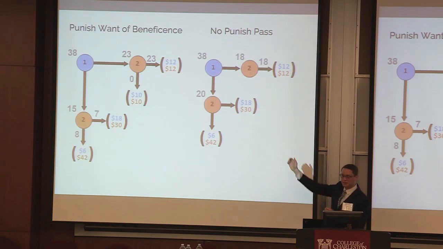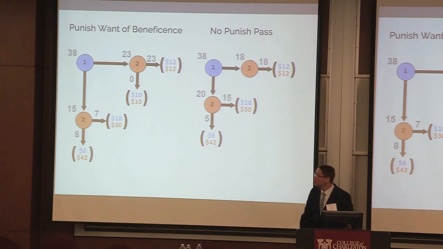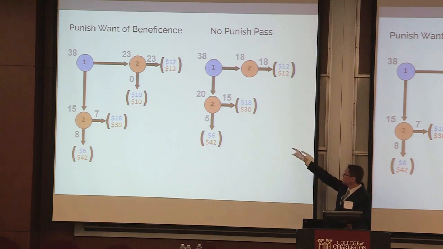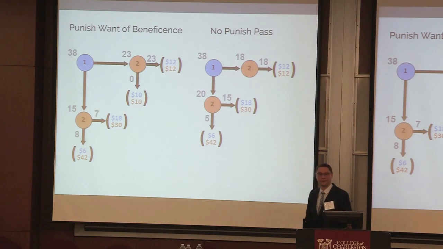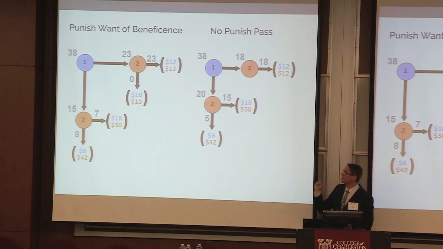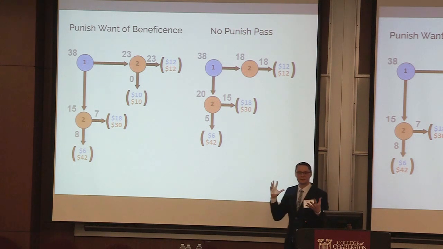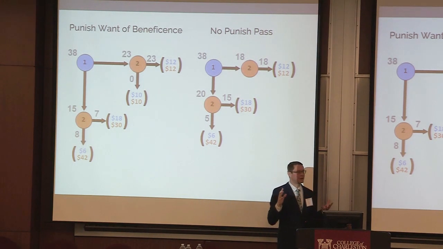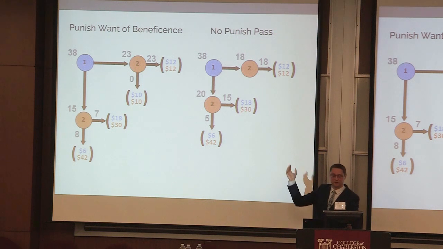Basically, 1s are trusting, and they are right to act beneficently because 2s reward that at a rate of 3 to 1. So it's not that 2 is doing something, it's the fact that 2 could possibly punish that upsets the interpretation of the meaning of the situation. And now we discovered something new.